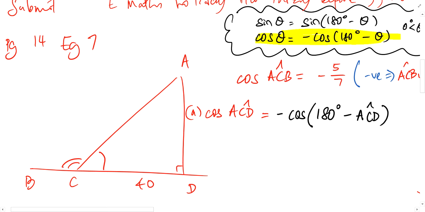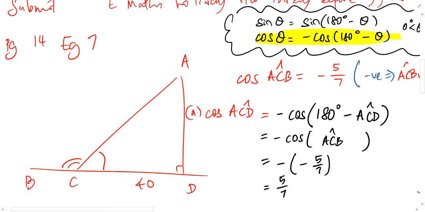Now what is inside this bracket? 180 minus ACD. Which angle do we get? ACB. What is cosine ACB? It's given to us, right? It is negative 5 over 7. Therefore, the answer is 5 over 7.